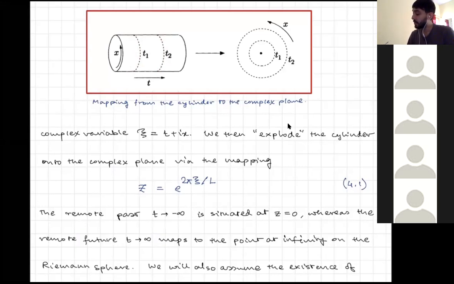Now if we move on to the plane, like we have been doing, there is this explicit map between the cylinder and the plane. This exponential map maps minus infinity in the time direction on the cylinder to the origin.